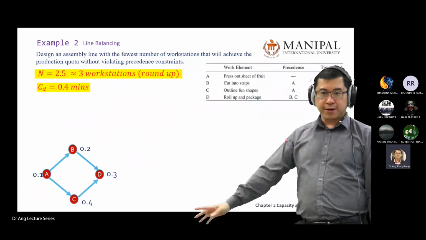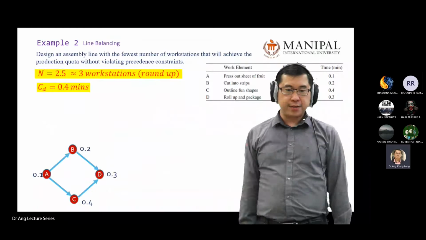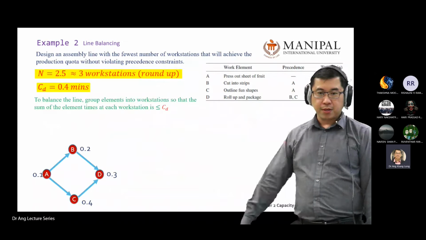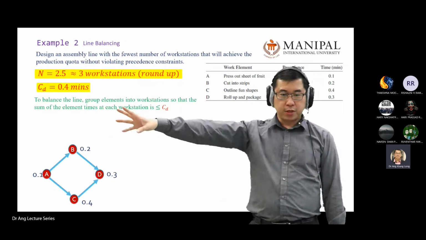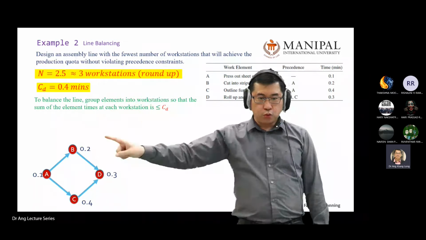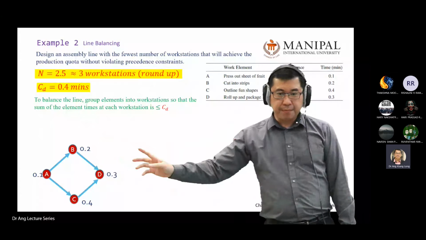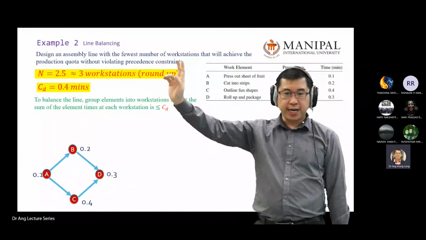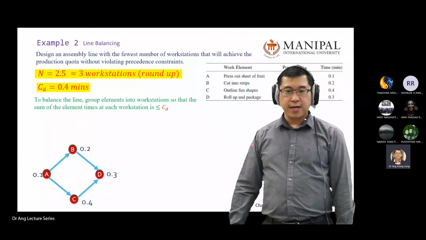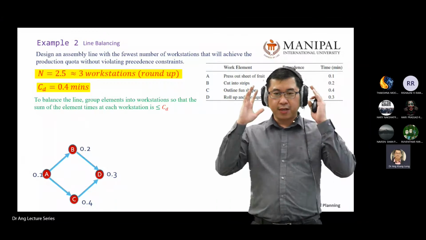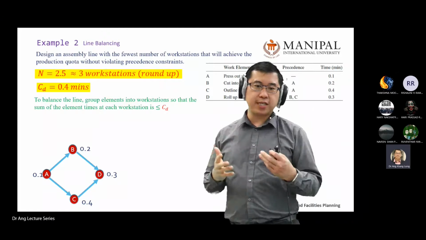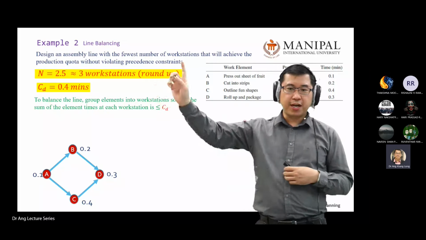Okay, next you have your N and CD already. You need to look at the diagram here. The maximum number of stations that you can have is 3 workstations. And again, the game rules, or the rules that you can play with, is that you can combine.